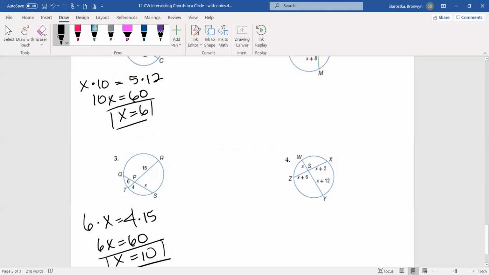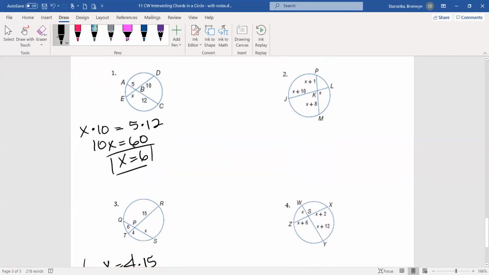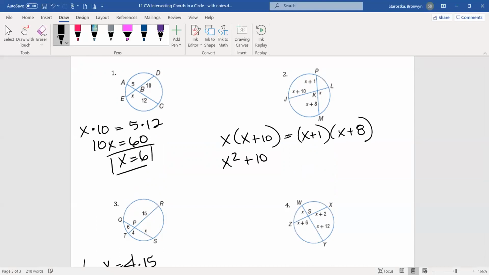All right, let's go look at the hard ones. X times x plus 10. All right. X plus 1 times x plus 8. All right, on the left side, x squared plus 10x.